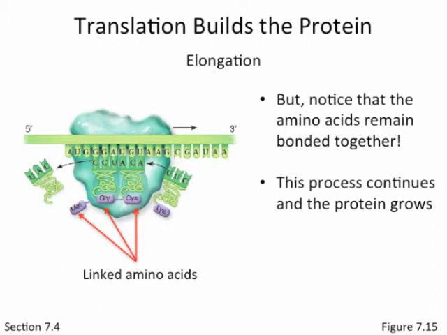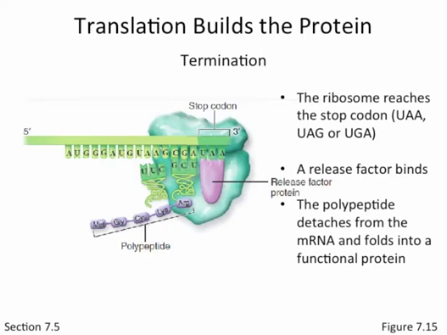There's no tRNA that matches up to UAA, UAG, or UGA, which means there's no tRNA with the anticodons AUU, AUC, or ACU.